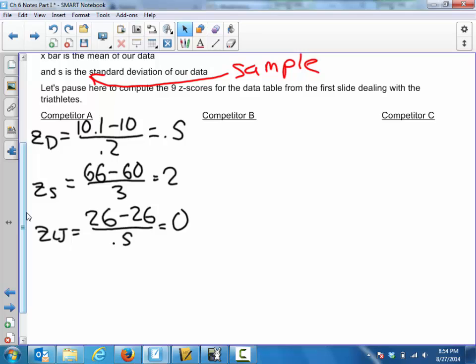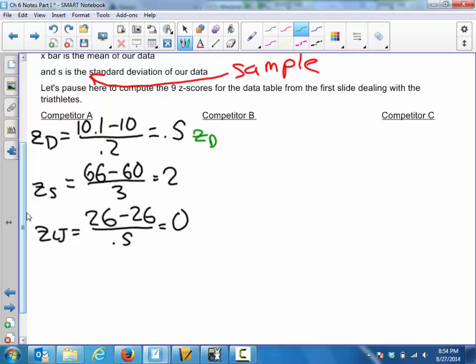Okay, so if competitor A was half of a standard deviation above the mean of all competitors in this weird sort of triathlon in the dash, competitor A was 2 standard deviations above the mean in the shot put throw distance, and was right at the mean in the long jump distance.